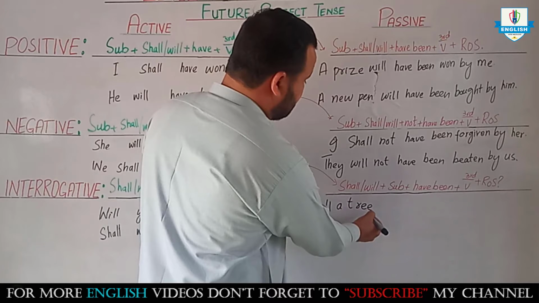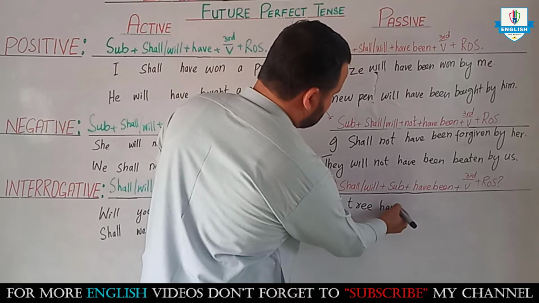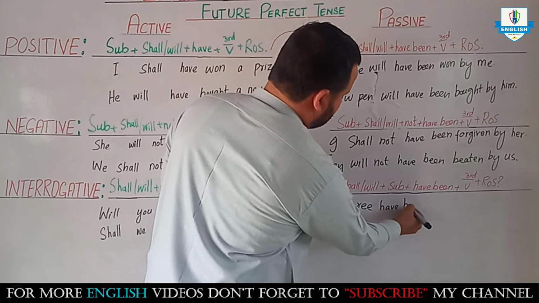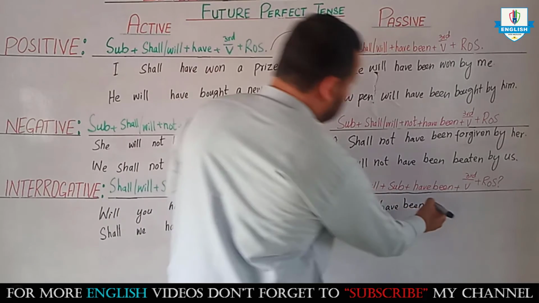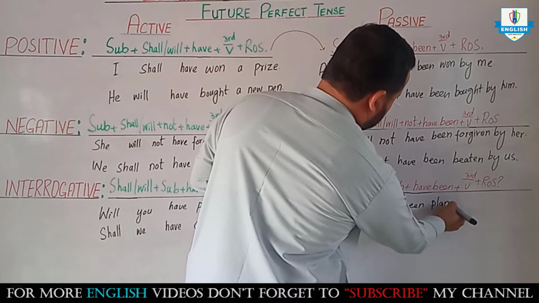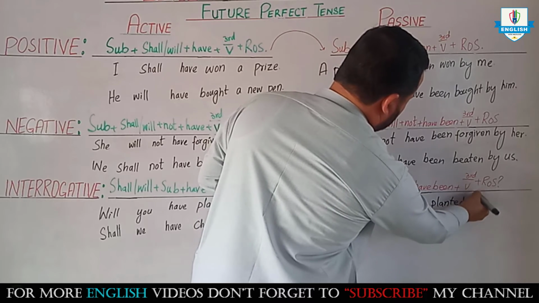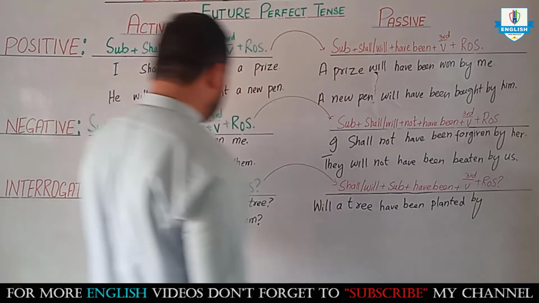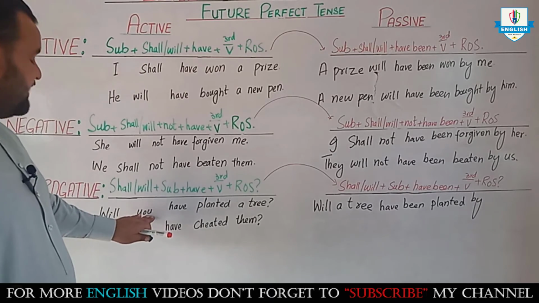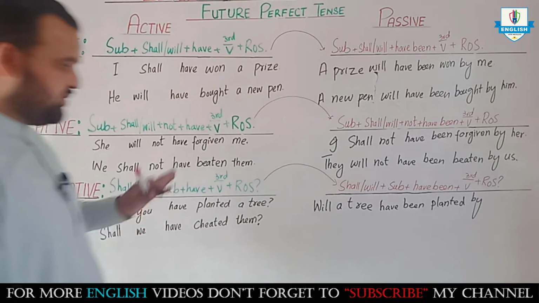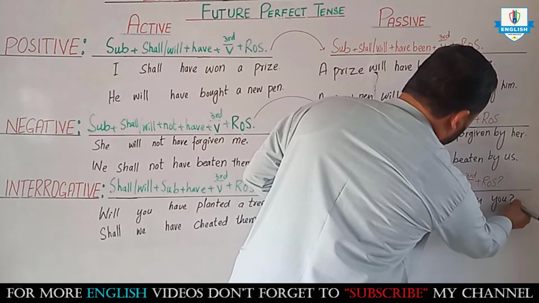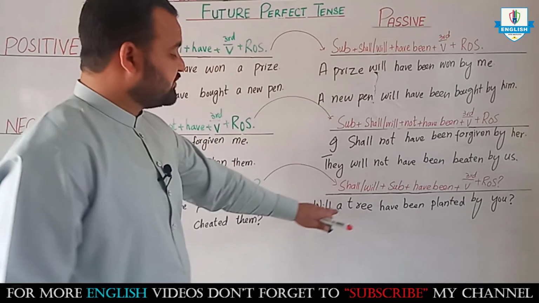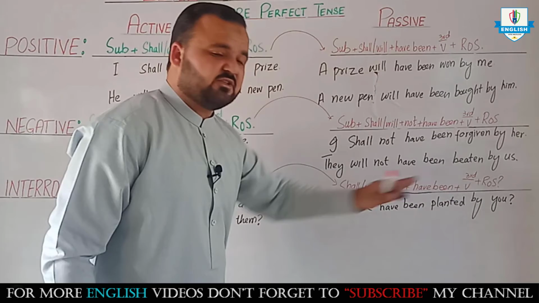Will a tree have been planted by a specific agent, and the objective case of you is you. Got it? Will a tree have been planted by you?